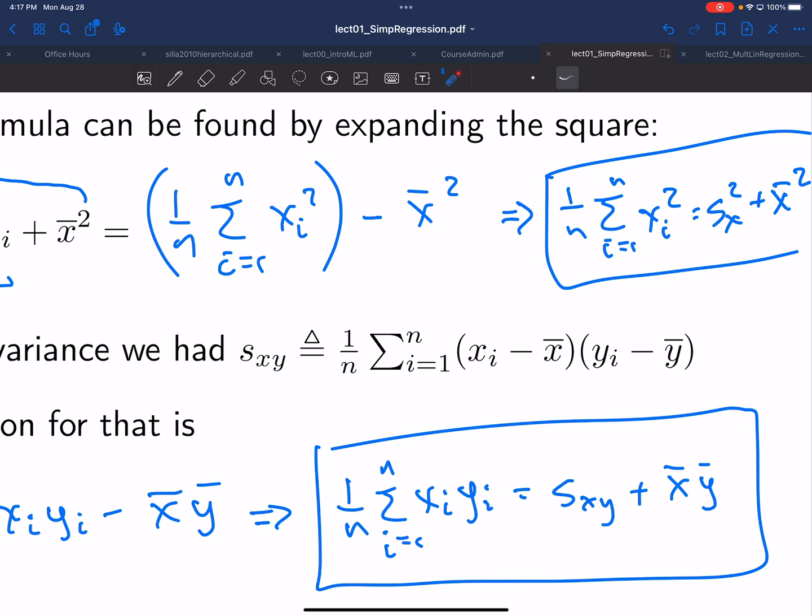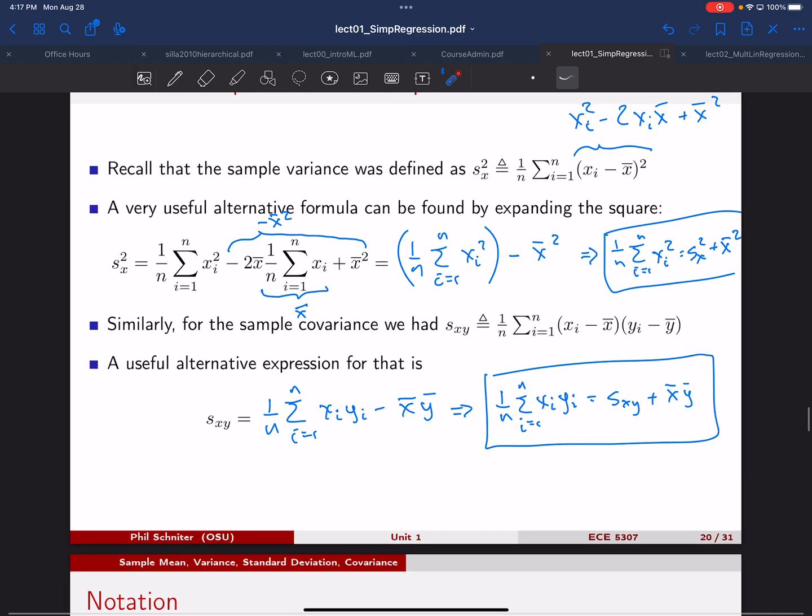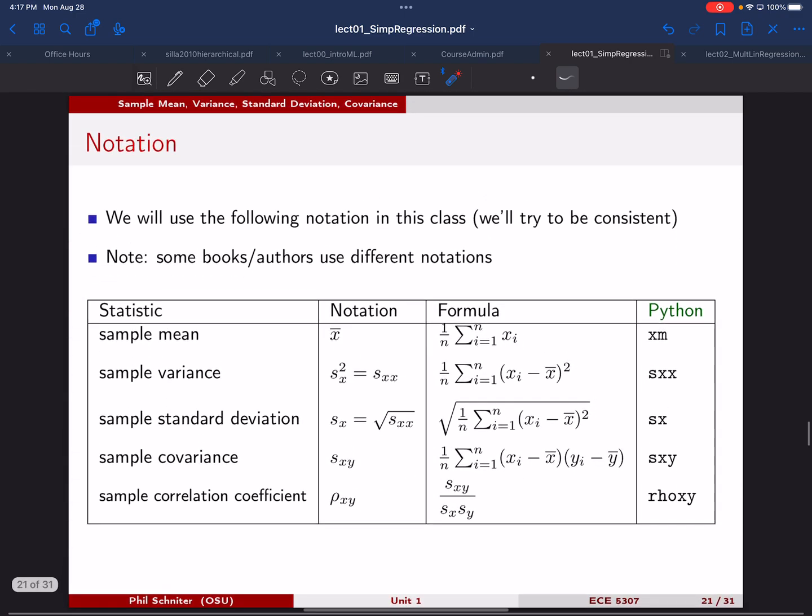We derived that you can write this as the cross covariance of x and y plus the product of those sample means. And then here, this is for the variance. This is the average of xi squared. You can write that as the variance plus the squared mean. So we'll see how these are useful in a few minutes. All right, and then we had some notation. Any questions on anything we did last time?